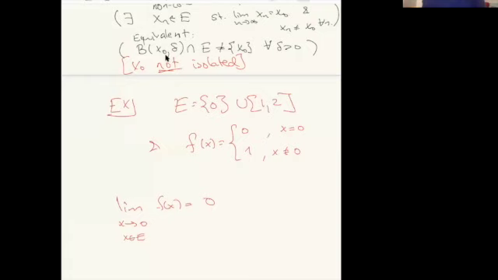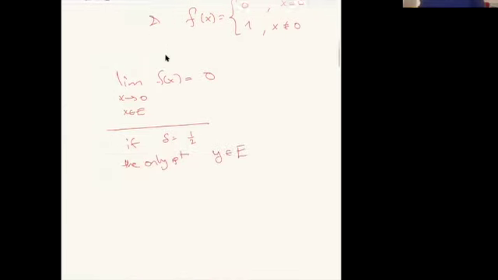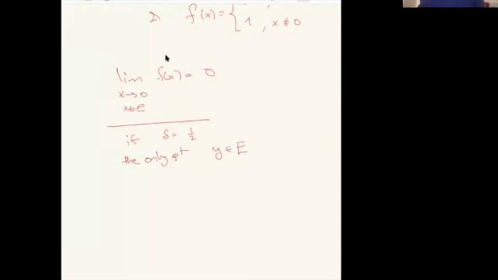And why is this the case? Well, if delta is equal to 1/2, the only point x in E with distance from x to 0 being less than or equal to 1/2 is x equal to 0.